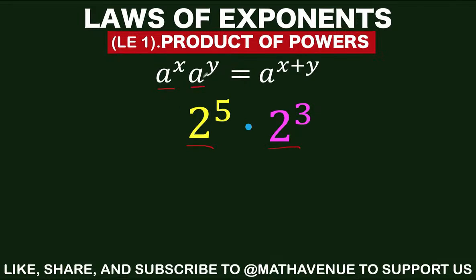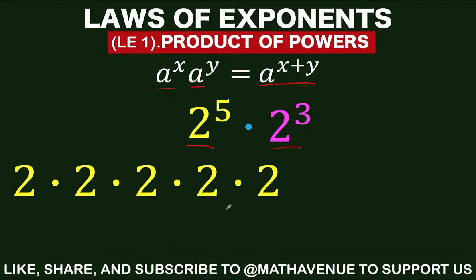Notice that the base a here, that means the base 2, are also equal, and the exponents are 5 and 3. According to this law of exponent, we will just copy the base 2 and we will add the exponent 5 plus 3 to get 8. But how does that happen? Notice now that this is the expansion of 2 to the 5th and this is also the expansion of 2 to the 3rd.